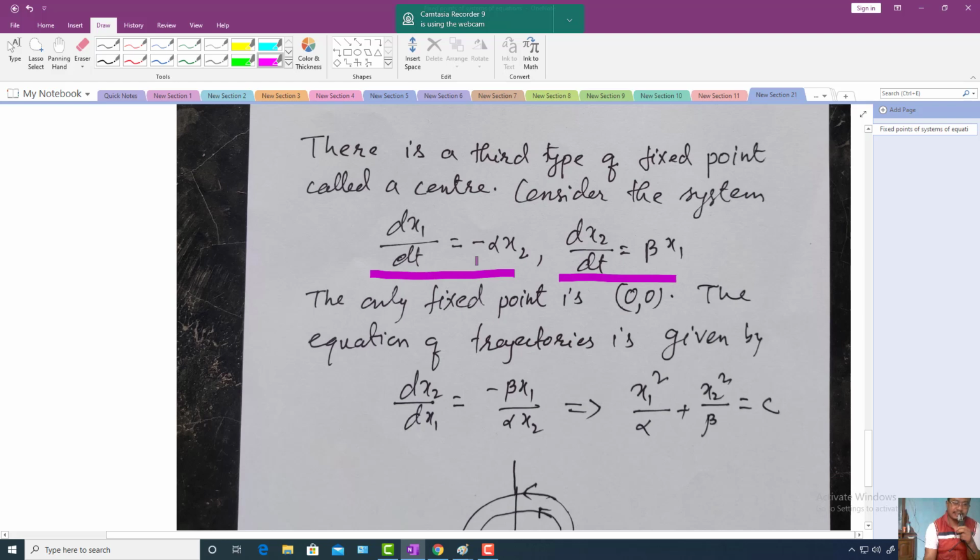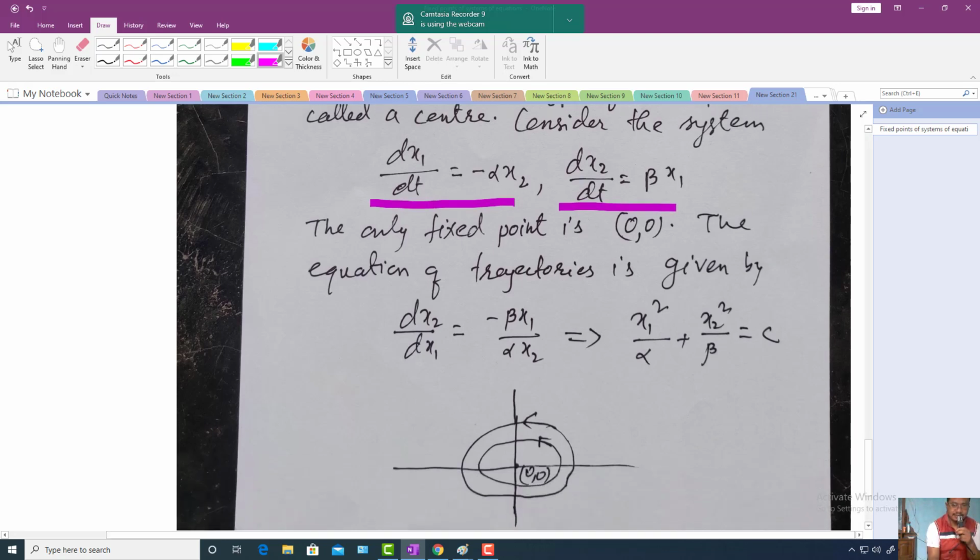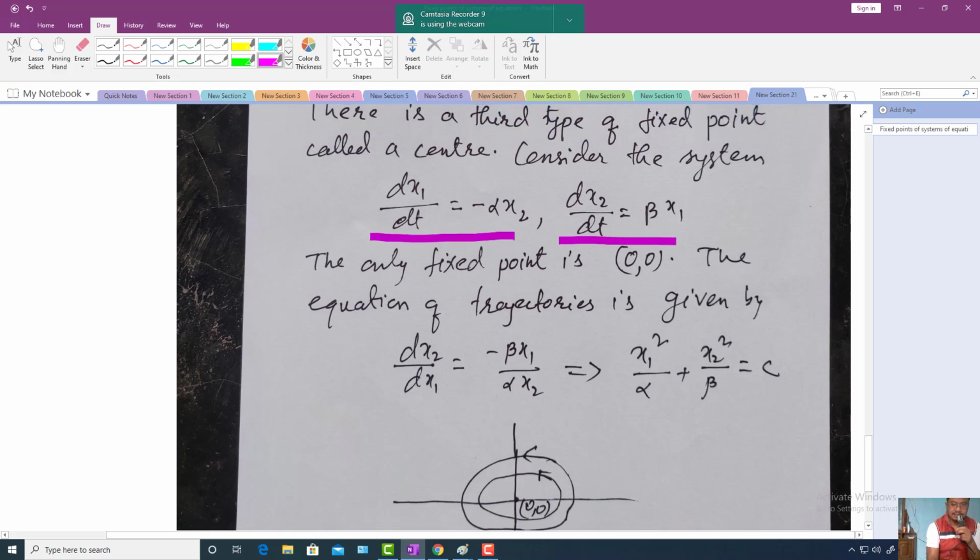The roots are imaginary, so sine and cosine functions will be involved. The fixed point will be a center. What is the fixed point? (0, 0) is the fixed point. You can easily calculate it.